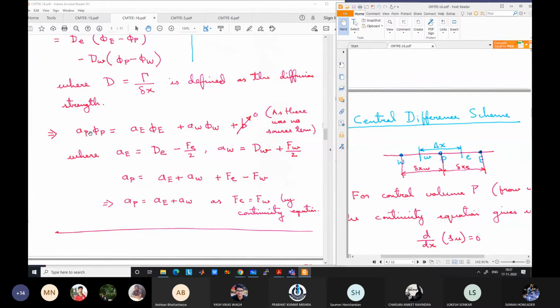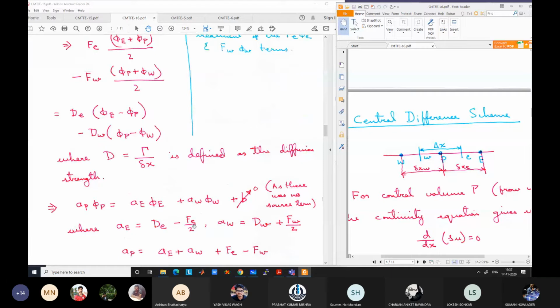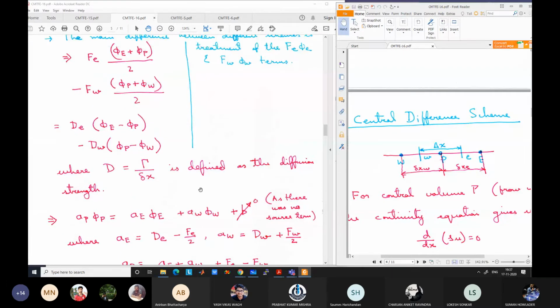Gaussian solver or matrix inversion solver. So we have to find the value of AP, AE and AW in this case. And to do this, we have to find the value of D, Fe, DW and FW. Then we can find all the values of AE and AW.